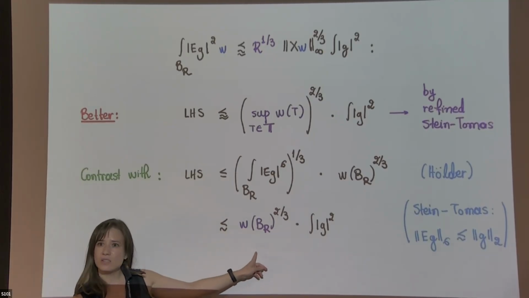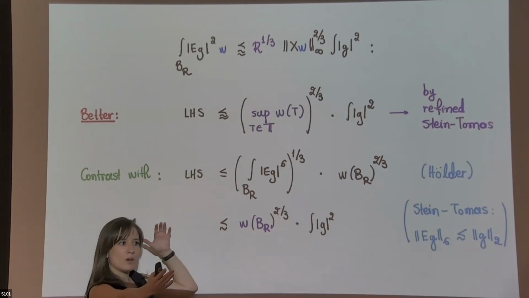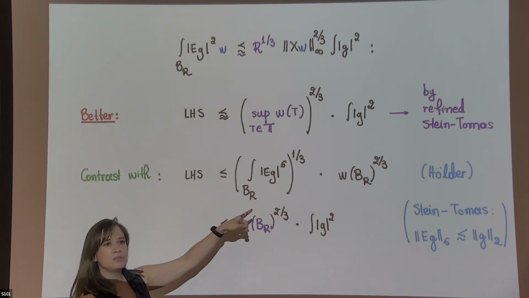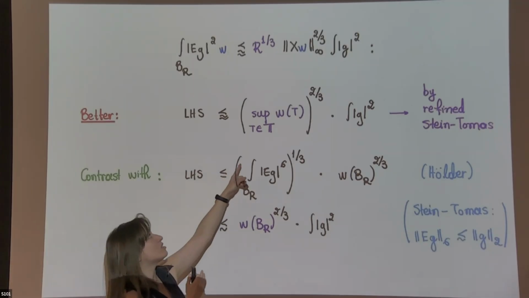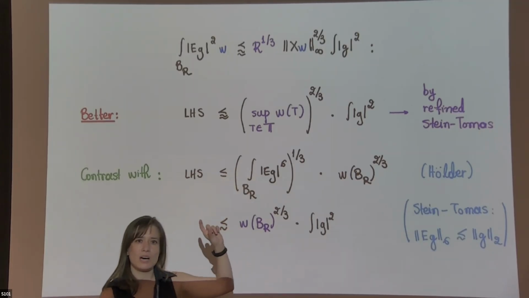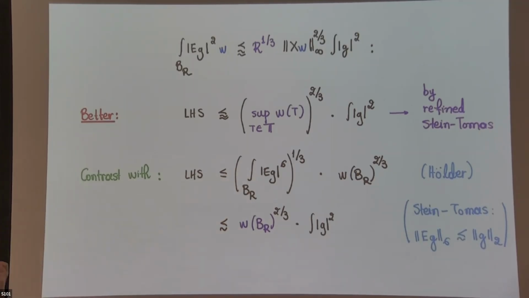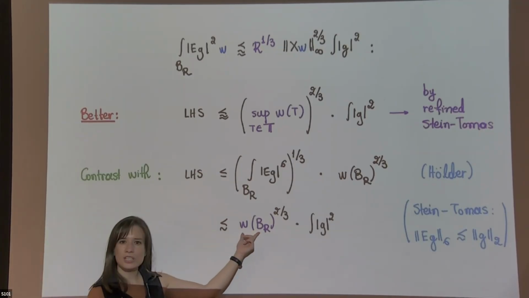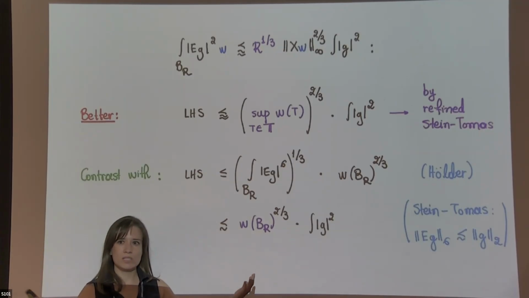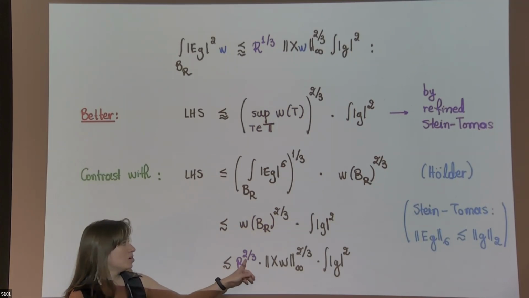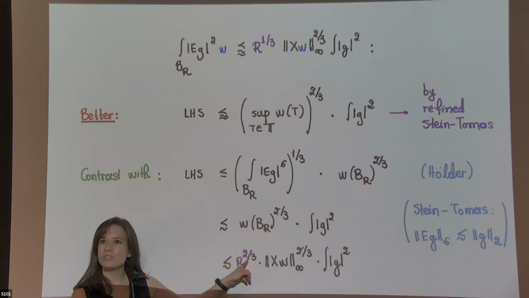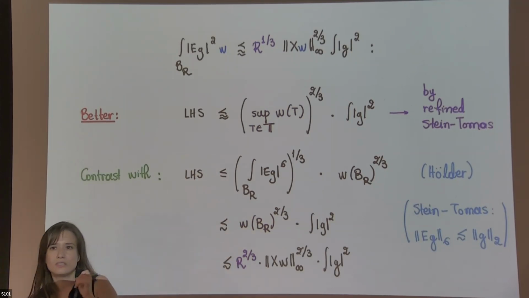With classical Stein-Thomas, we get the weight on the whole ball, but with the refined one we'll talk about, we can shrink to just a cube, an r² fat cube, and that's better. And by the way, if you use the whole ball here, the weight on the whole ball is at most the diameter r times the infinity norm of the X-ray transform. So you get r to the 2/3 rather than r to the 1/3.